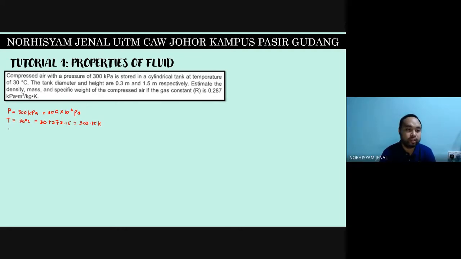So the diameter is 0.3 meter and the height is 1.5 meter. Okay, so we can assume the tank looks like this. The height is 1.5, the diameter is 0.3.